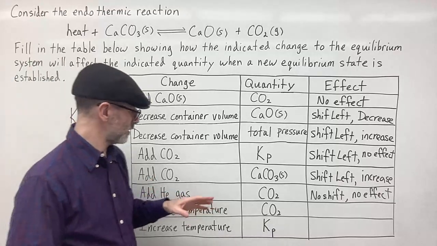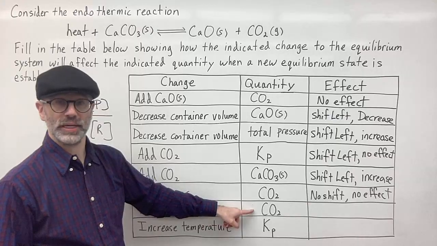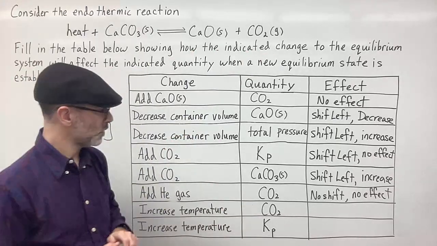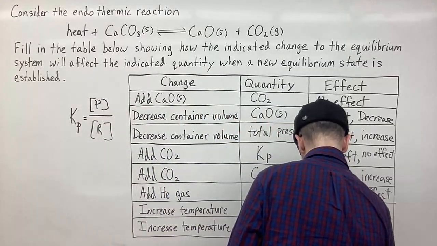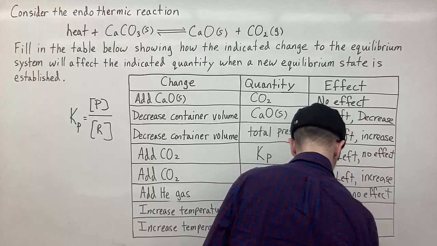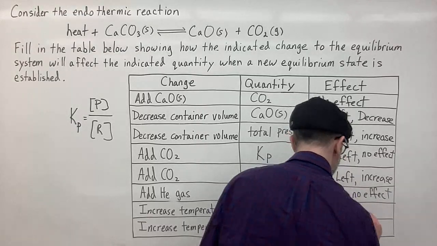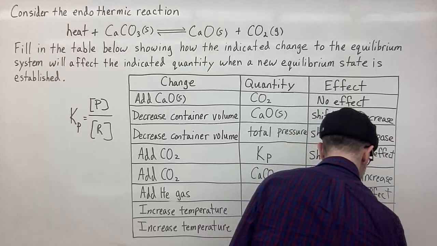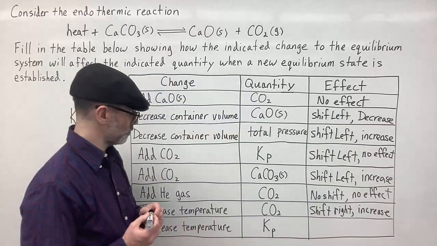So in this case, the CO2 is going to increase because the shift is towards the CO2. So it's going to shift right, and therefore it's going to increase the amount of CO2.